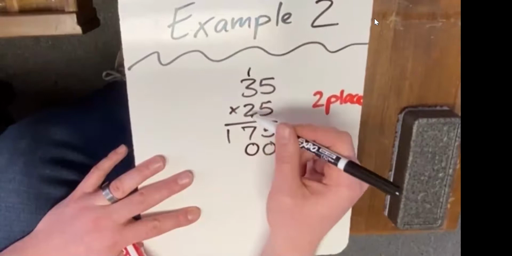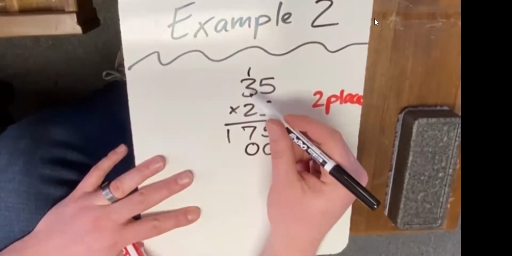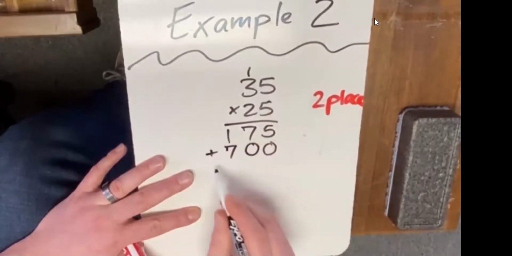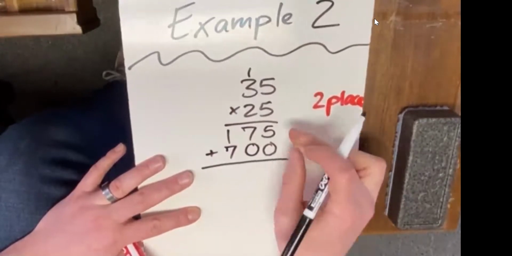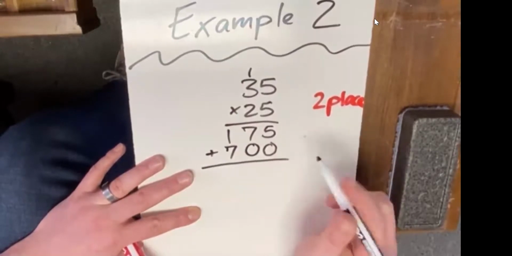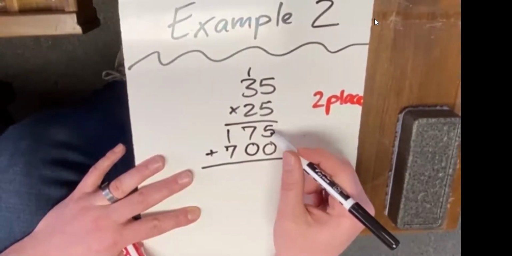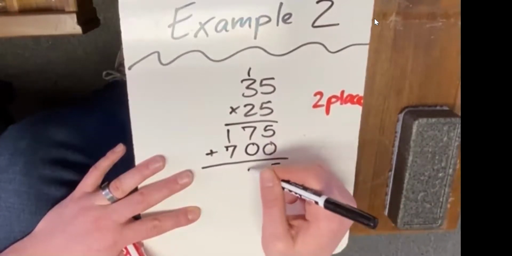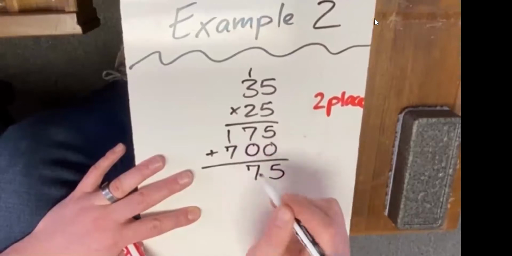Carry my 1. 2 times 3 is 6, plus 1 is 7. Now I'm going to add those two answers together. So 175 plus 700. Start in my first column, so 5 plus 0 is 5. 7 plus 0 is 7. And then 1 plus 7 is 8.